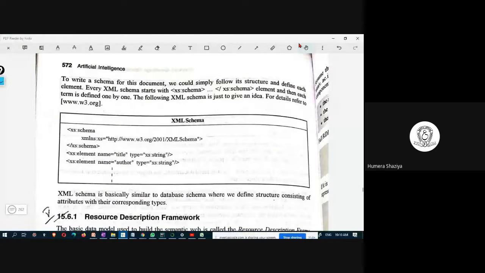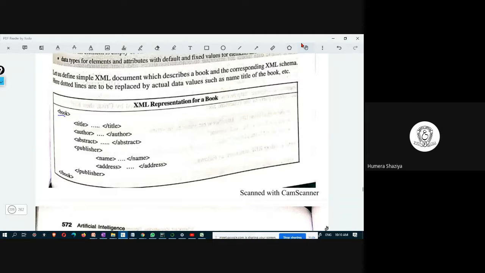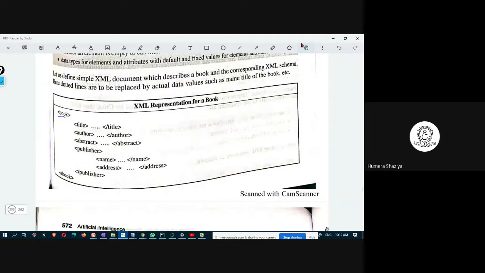There is an XML schema. XML schema is used to provide details about the structure. What is the structure of a book XML representation?